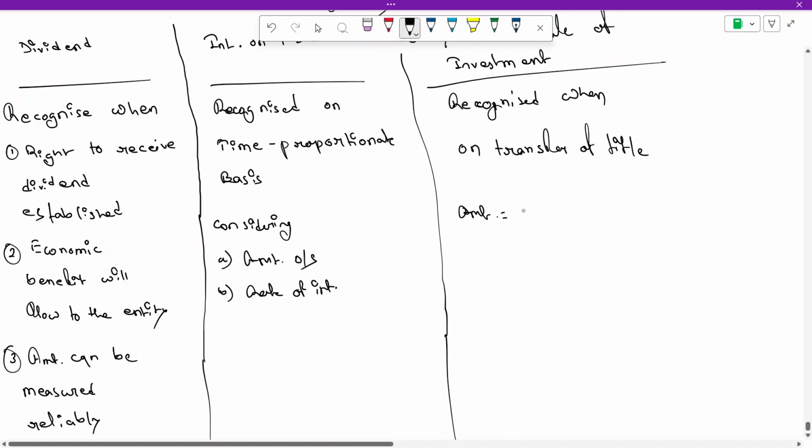Amount will be redemption value or sale value minus carrying value. You already know about carrying value as you already read AS 13, Accounting Standard 13.